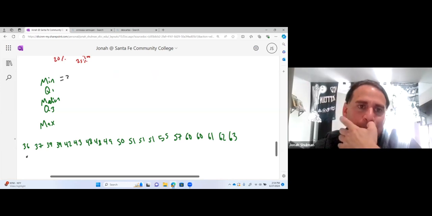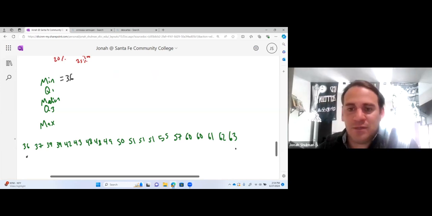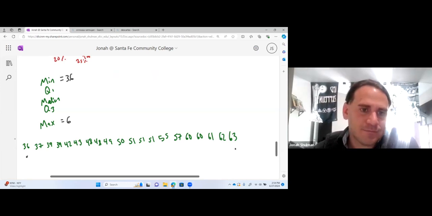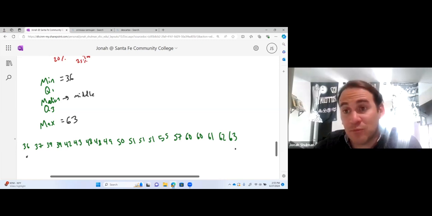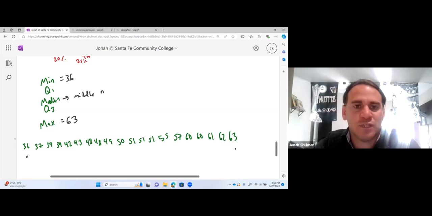So minimum just means the smallest number. That's 36. Max is the biggest number. That's 63. Now we need the median. There's a formula to get it, but this just means the middle number. You can think about the prime meridian, like when they were looking for ships, they always used the middlemost route. So that's n plus 1 divided by 2. 20 plus 1 divided by 2.